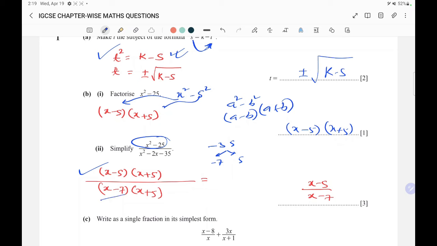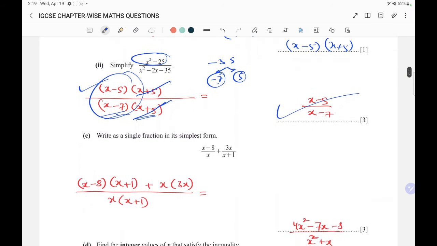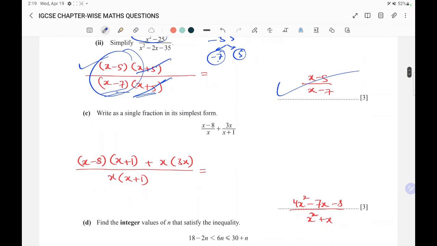So we can write x minus 7 and x plus 5 as the factors. You got minus 7, so write x minus 7, you got 5, write x plus 5, that's it. Now x plus 5 and x plus 5 you can cancel, and you will get x minus 5 over x minus 7.